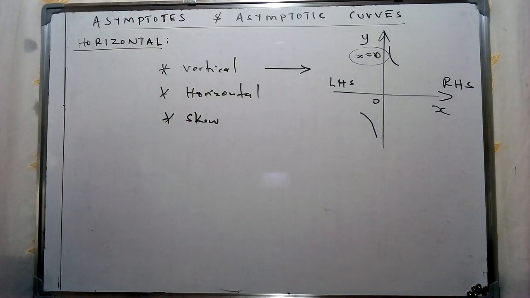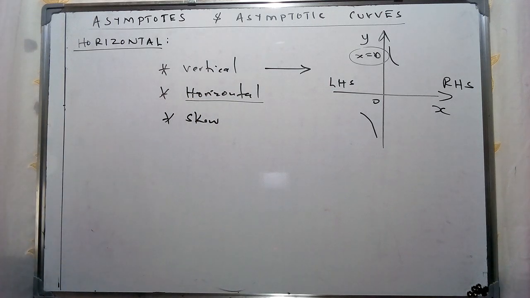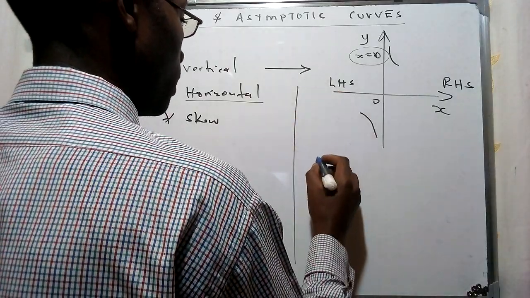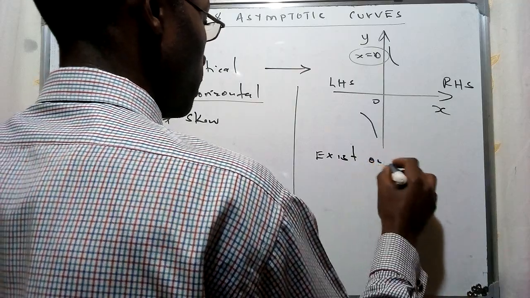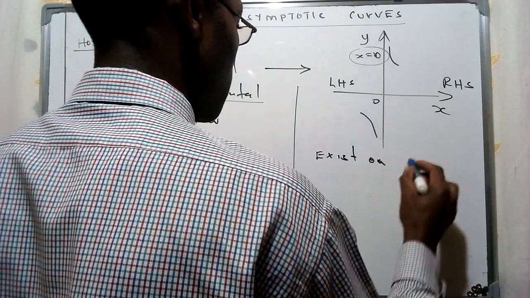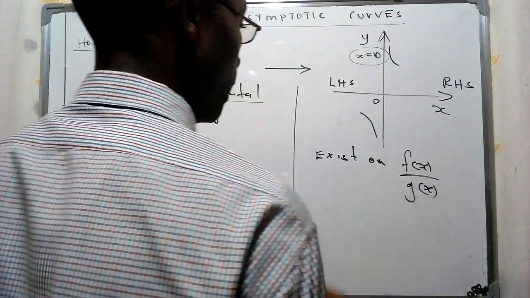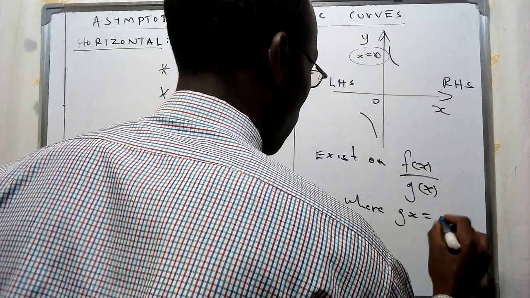Now, in this particular discussion, we're going to look at a second category of asymptotes. To contrast it with the first one, we defined that vertical asymptotes are going to exist on functions which can be defined in the form f of x over g of x, where g of x is equivalent to 0.